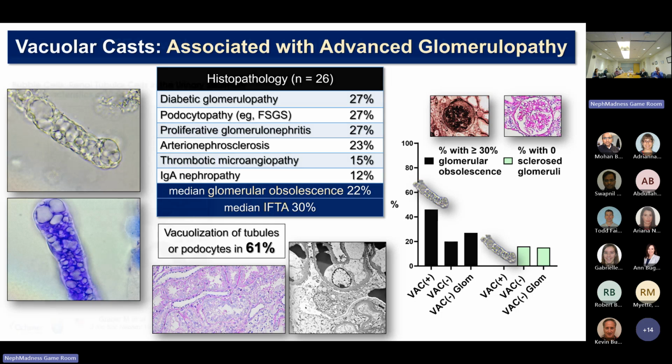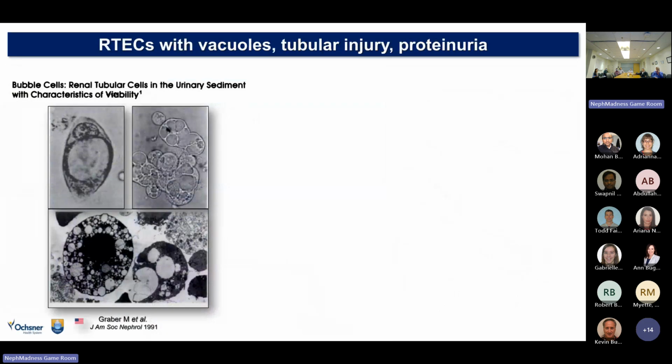We don't know. Here is a study from 1991 by Graver, where he reported these so-called bubble cells, which are renal tubular epithelial cells that have this characteristic vacuolization, really not very different from the aspect of the vacuoles of the cast that we saw.